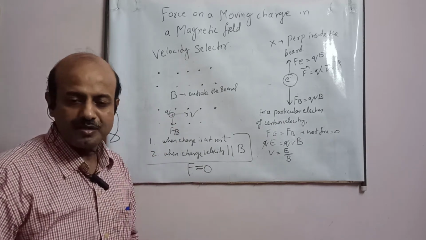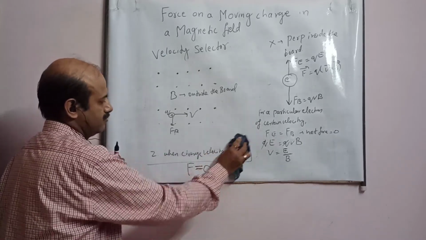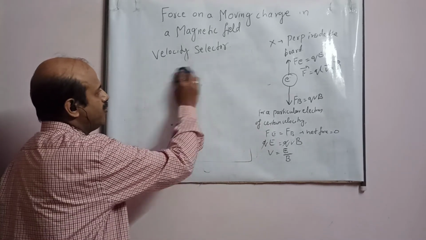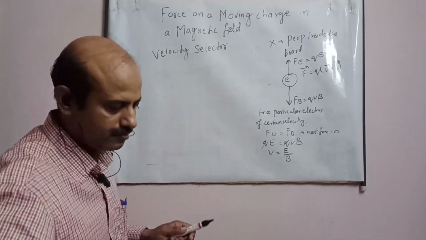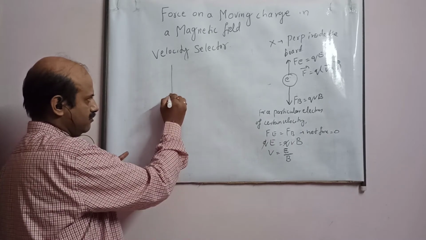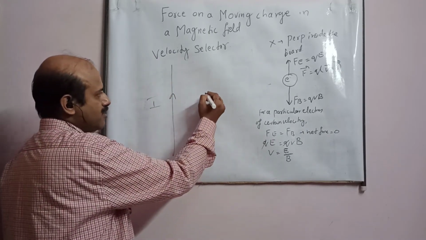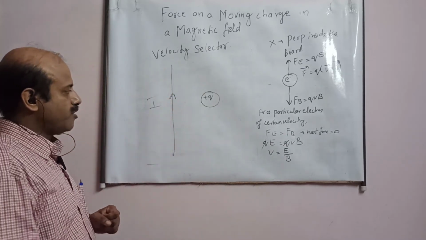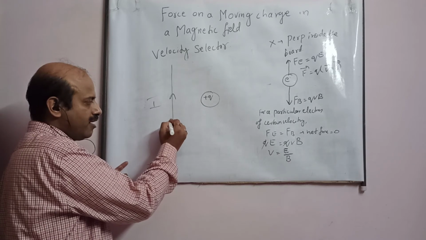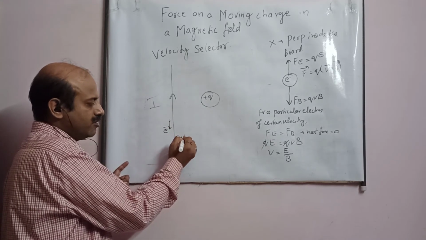Now, student, suppose there is a current carrying wire. And here is the charge. Now, students, since the electrons are moving inside the wire, but there are protons also, positive charge also.